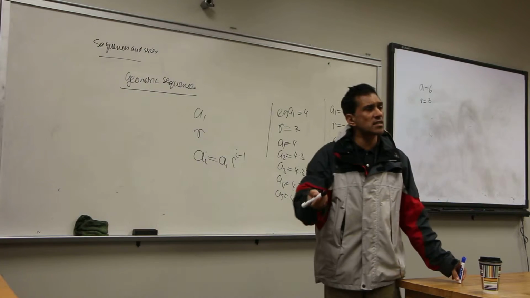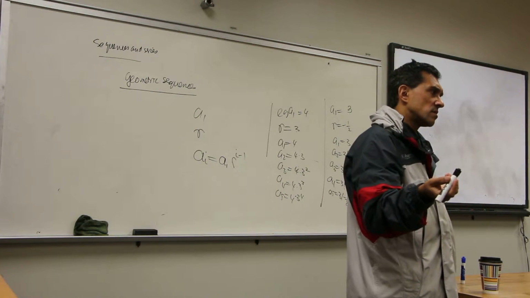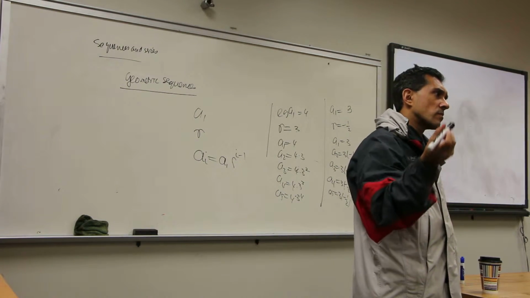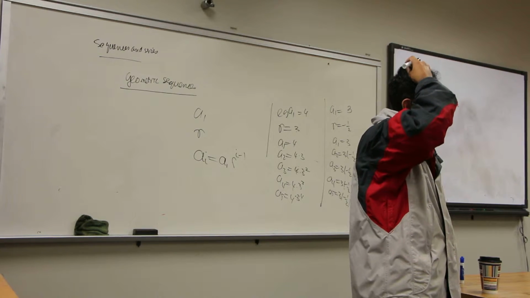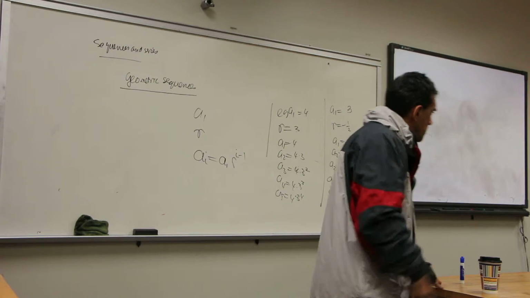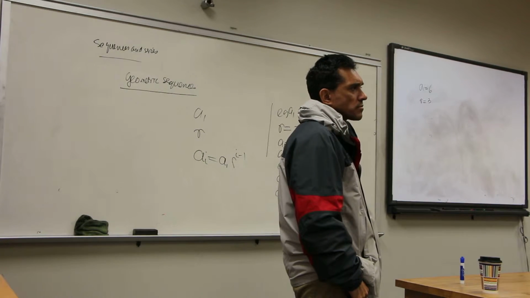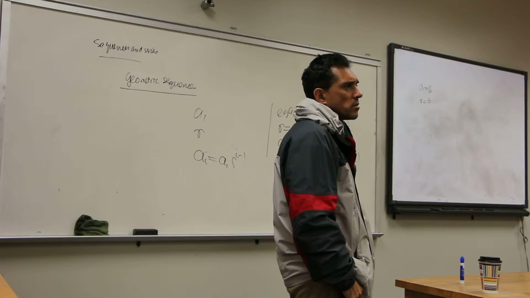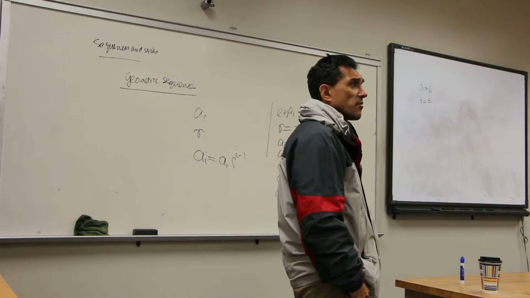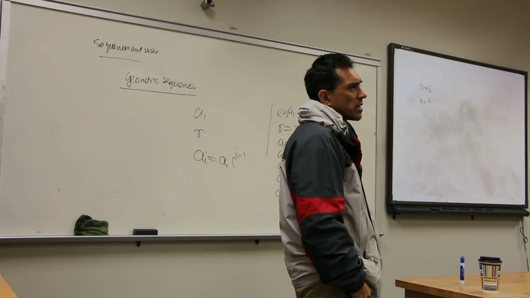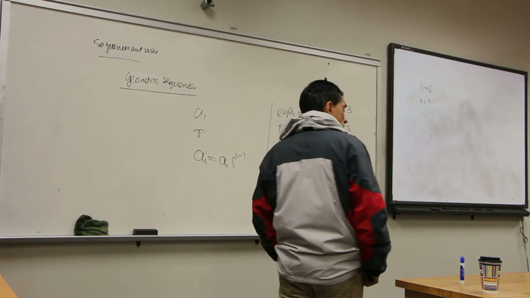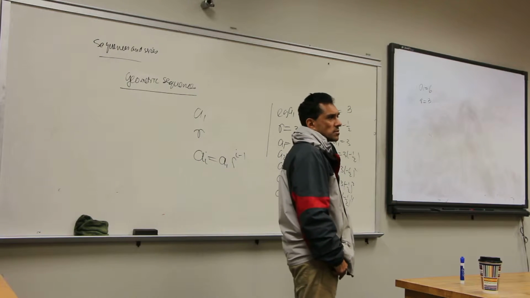The first term is 6, the second one is 18. And the third one is 18 times 3, which is 54. And the fourth one would be 54 times 3, which would be 162.